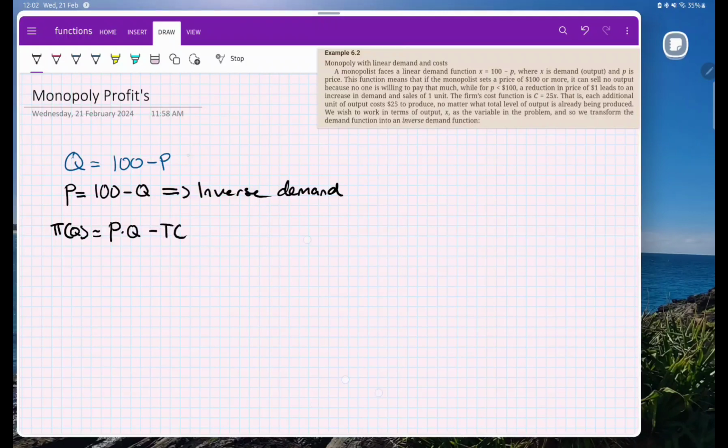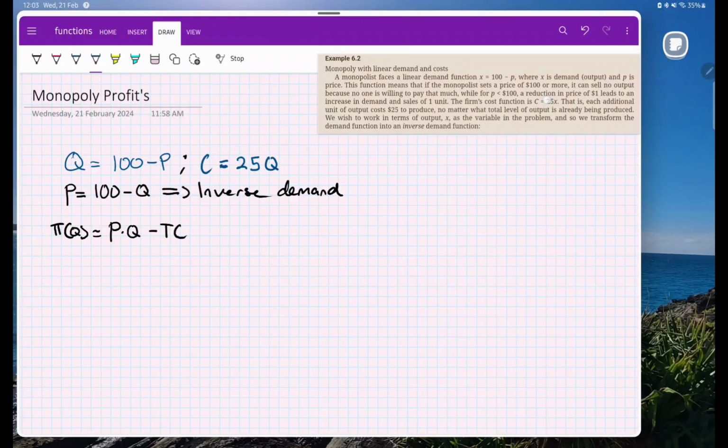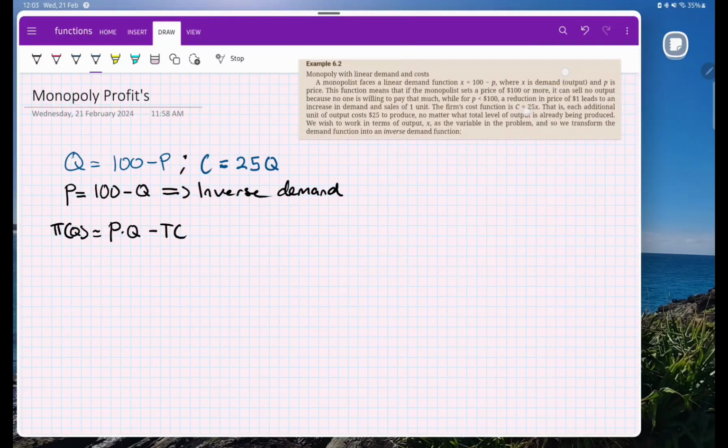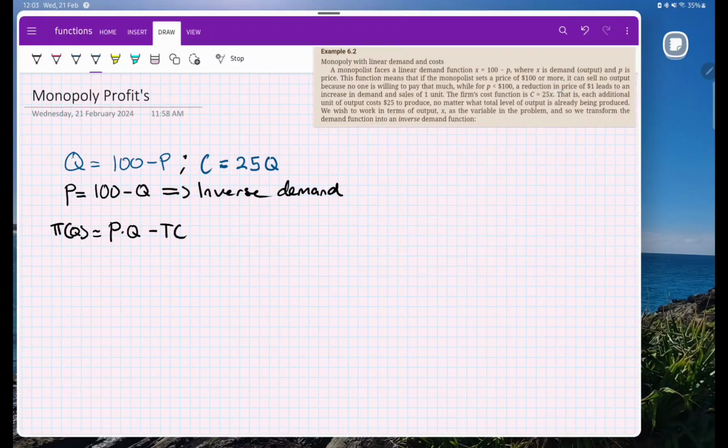Now I forgot to mention, your cost function is 25q. In the problem it's 25x. Which you'll need in order to solve for your profits.